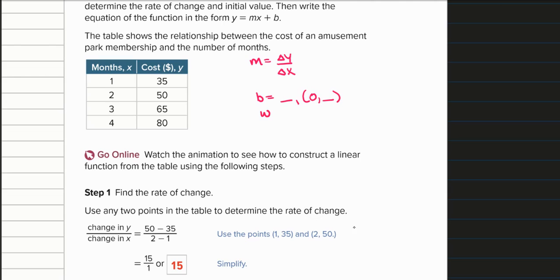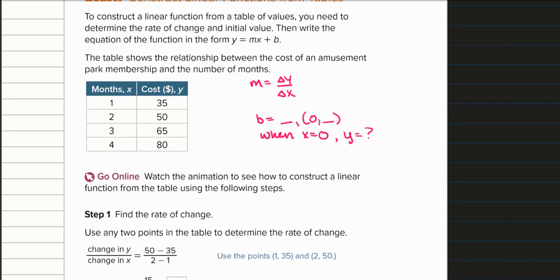So this is when x equals 0, y equals what? So let's look at our table. Our table doesn't give us when x is 0, so that's something we're going to have to figure out. But it does give us an easy way to find our change in y over our change in x.